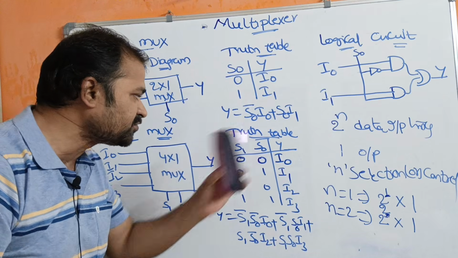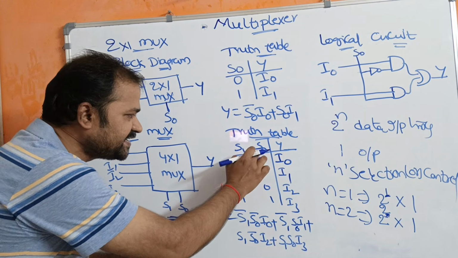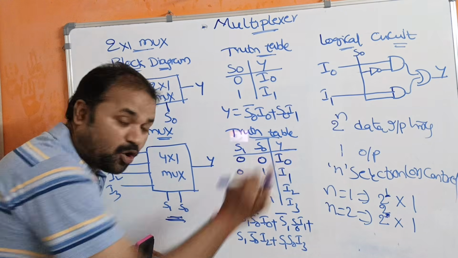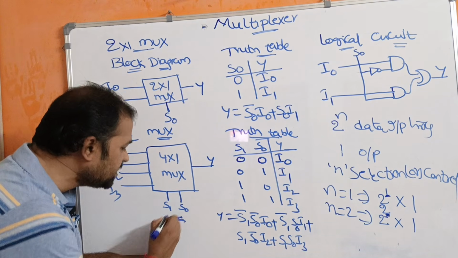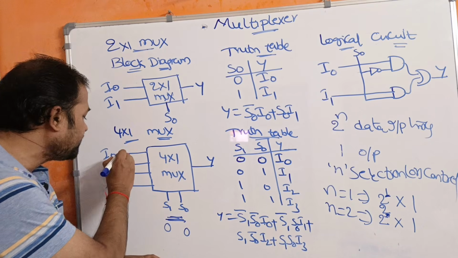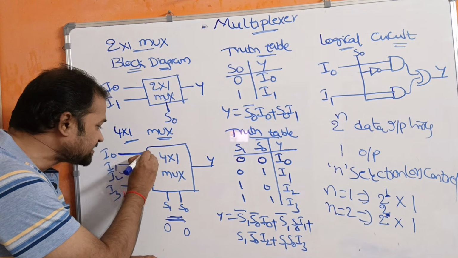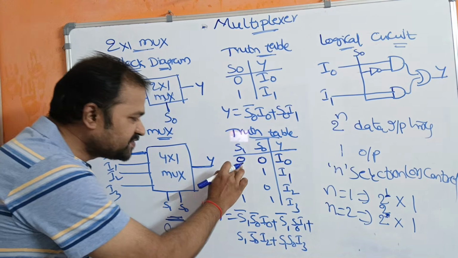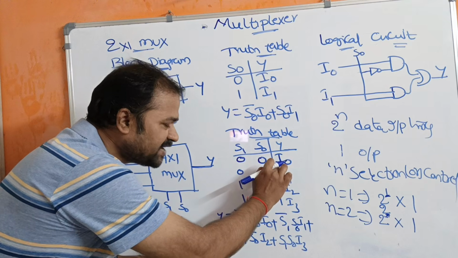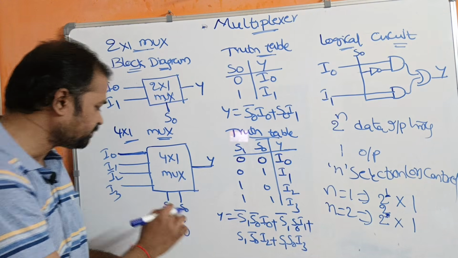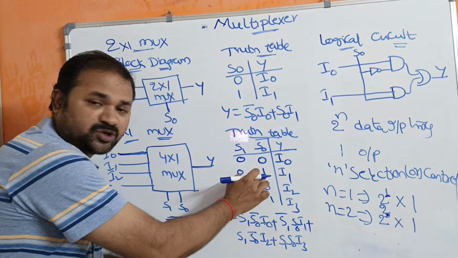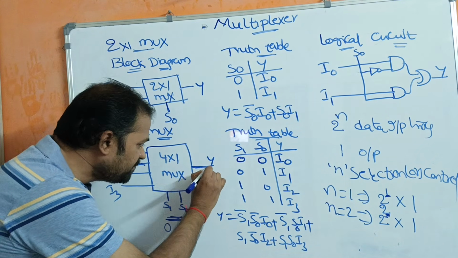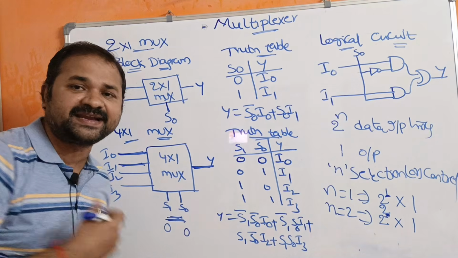For that let us observe the truth table. Here S1 and S0 are the control inputs, whereas Y is the output. If the selection inputs are 0, 0, then the first input, I0, will be selected as the output. Likewise, if the selection inputs are 0, 1, then the second input, I1, will be selected as the output.